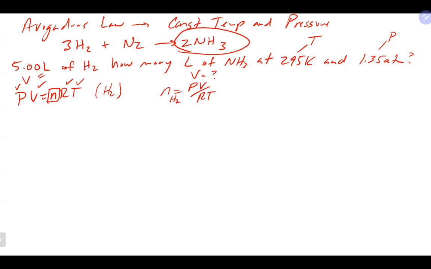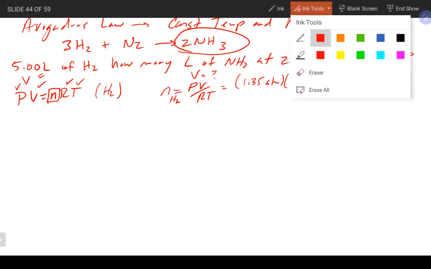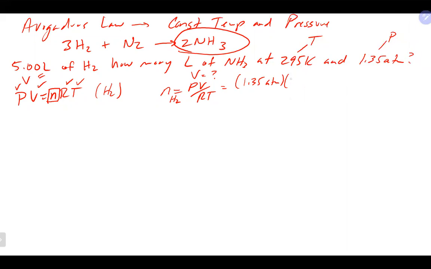And if we put in our information here, our pressure would be 1.35 atmospheres. We have our volume of 5 liters. Our R is 0.08206, and our temperature here is 295 Kelvin.